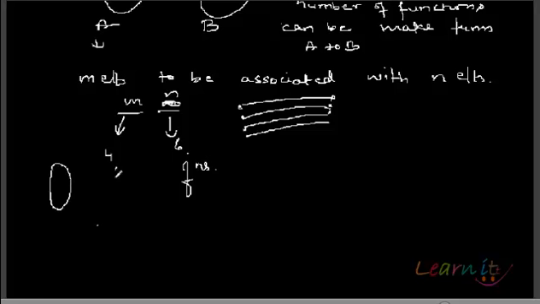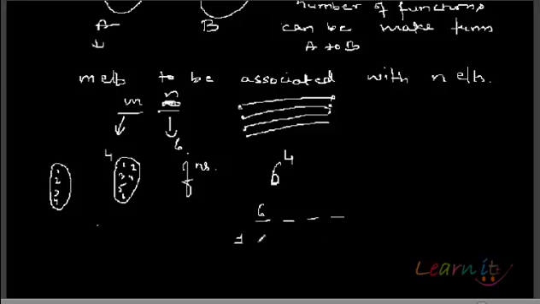So how many functions can I make between them? Now just think about it. You have 4 elements in the domain. Now the first element in the domain can get associated with 6 elements in the codomain. 1 can be associated with 6 numbers in the codomain. 2 can also be associated with 6 numbers.